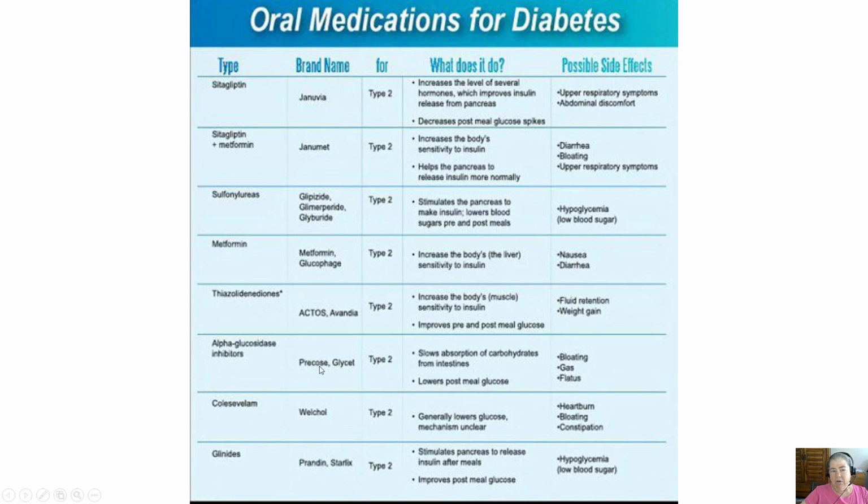And there are a few drugs that do other things. Precose slows the absorption of carbohydrates from the intestines. So it works not on the pancreas and not on insulin at all, but by slowing the absorption of glucose, which has certain obvious side effects.